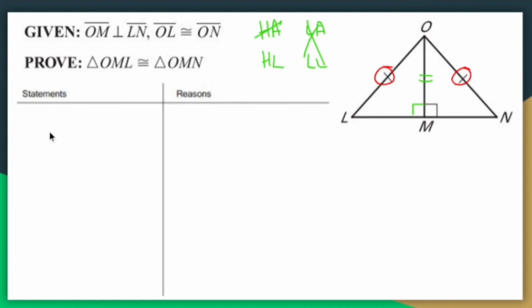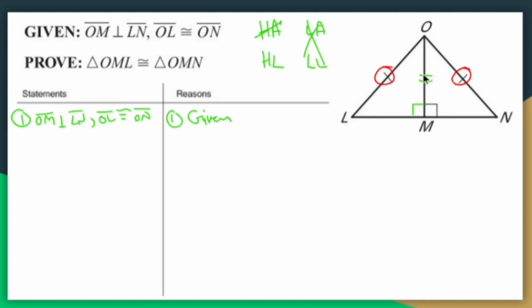So let's go through all the steps. Step number one is the fact that OM is perpendicular to LN and OL is congruent to ON. That's my given. Always start out with the given. Step two is that angle OML is equal, or well, they are equal, but let's do the right angle stuff.